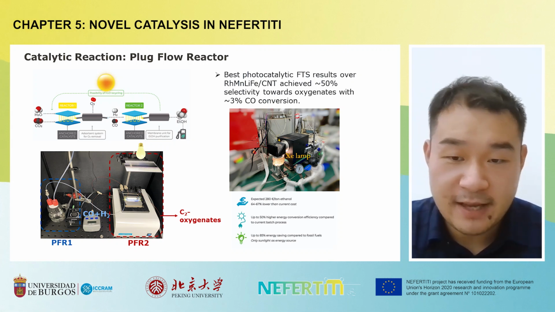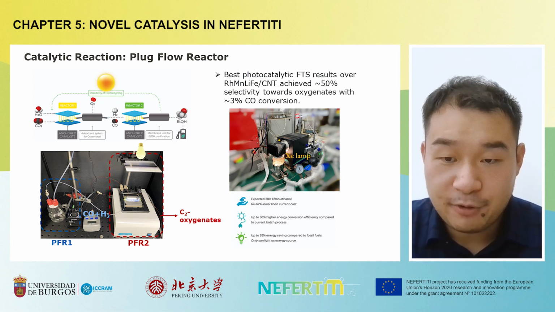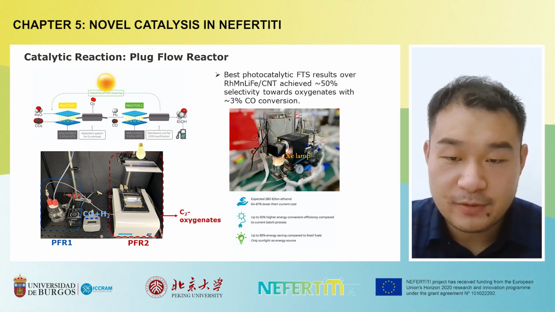And after extensive calculation, we found that a higher than 60% reduction of the current cost of ethanol production can be achieved, with up to 50% higher energy conversion efficiency due to the utilization of renewable sunlight as the energy input, with water and carbon dioxide as the feedstock.